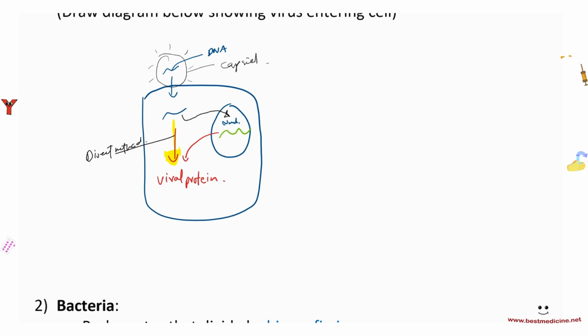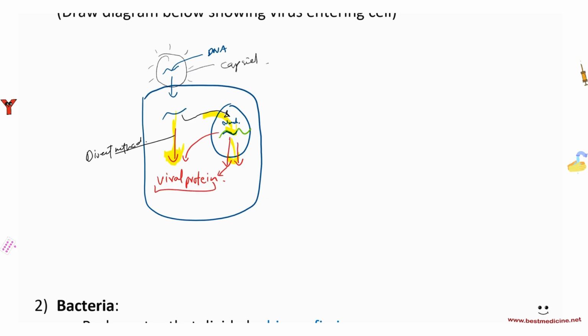The blue one is going to come in here and become part of the green one. And so now as the cell makes its normal proteins using the DNA, it also starts making these viral proteins as well. So there's two methods. One is the direct method, that the genetic material of the virus is directly used, and the other is that it becomes part of the genetic material of the cell that it infects and then starts making these viral proteins.